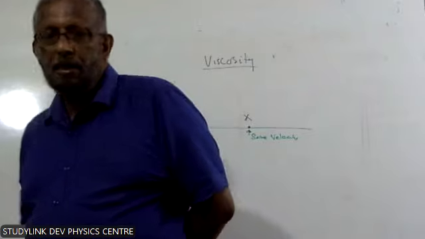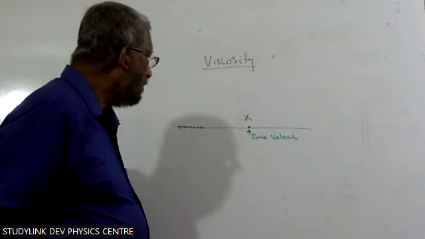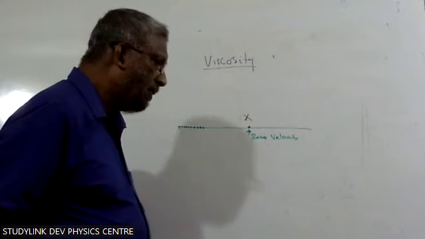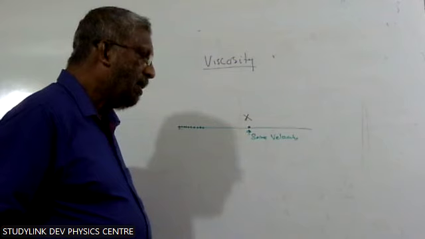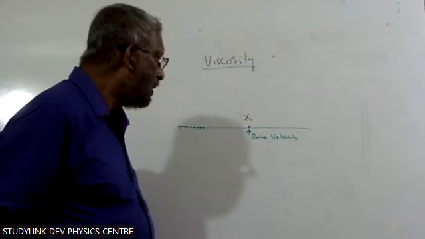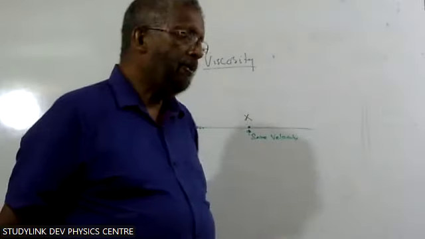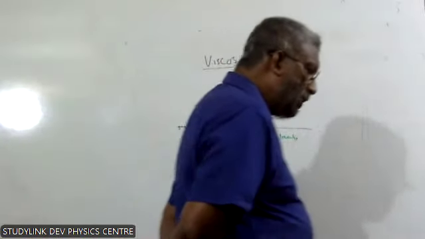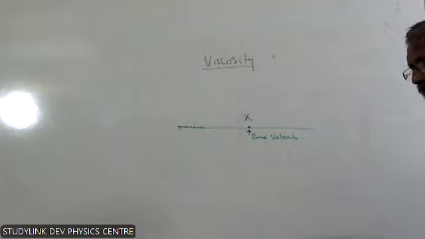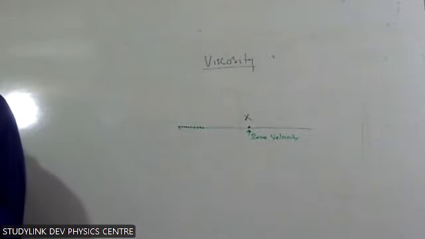All particles which are passing through that point have the same velocity, within brackets, same magnitude and same direction. Then this flow is called steady flow.